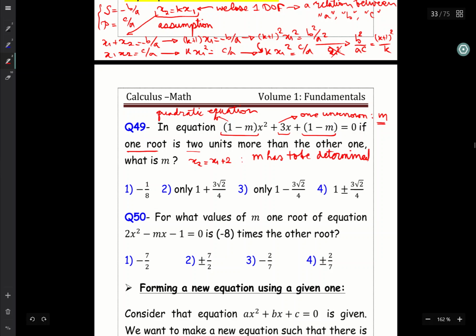M cannot be any arbitrary number. If m is any arbitrary number, okay, we get two roots. But if we establish a relation between the two roots, then m cannot be any arbitrary number. We're losing that degree of freedom, okay? That's why here we're looking for m, assuming that there is a relation between x1 and x2, okay?